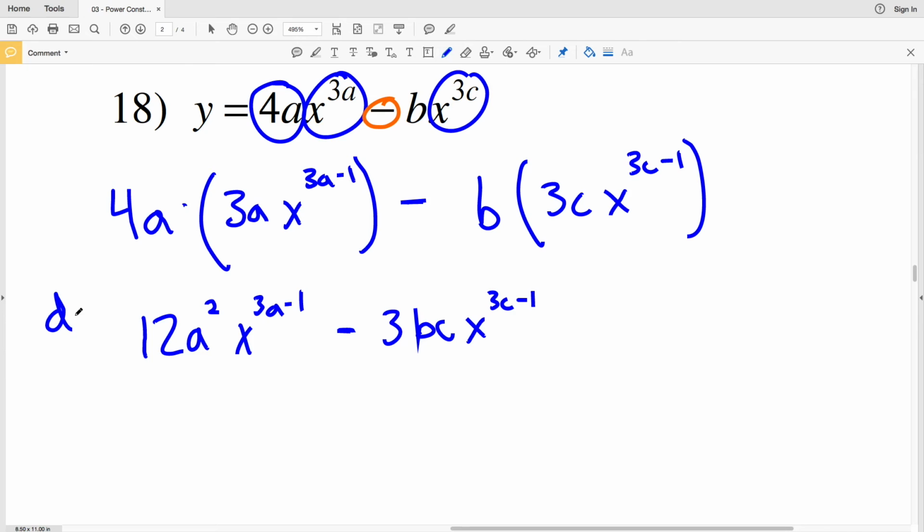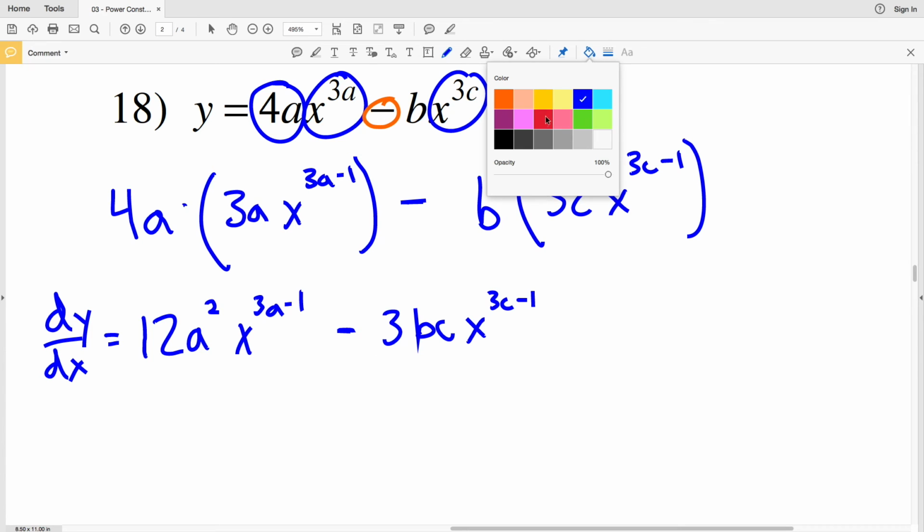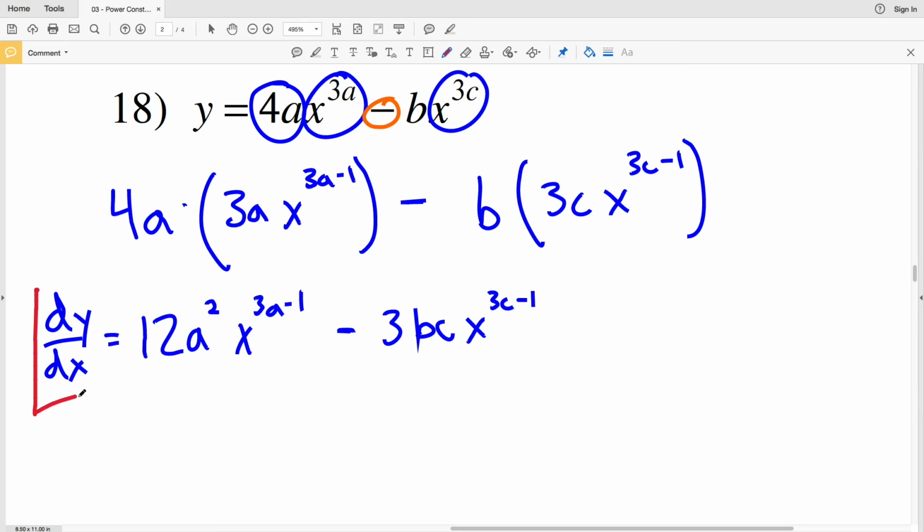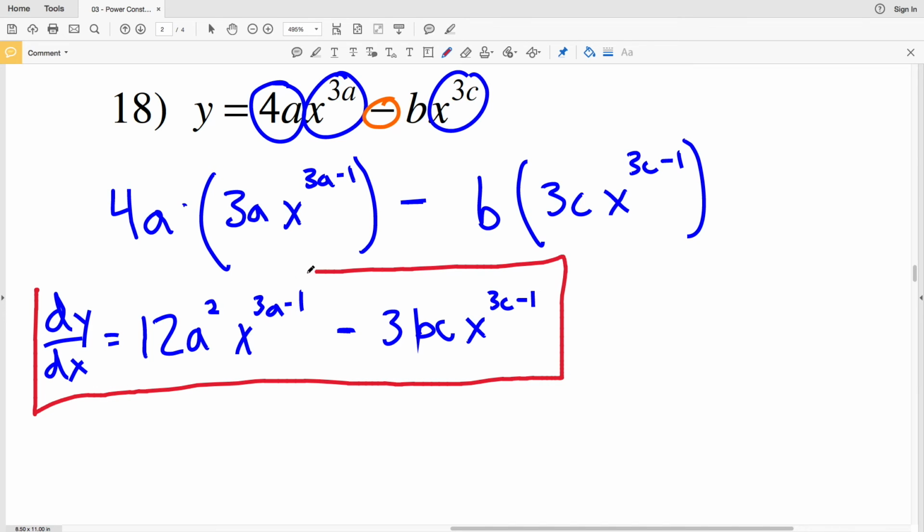So our derivative of y with respect to x equals 12 times a squared times x to the 3a minus 1 minus 3bc times x to the 3c minus 1. That is our simplified derivative in number 18. And again, that's because our a is a constant, our b is a constant, and our c is a constant.